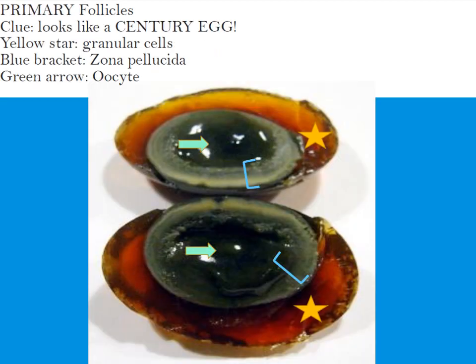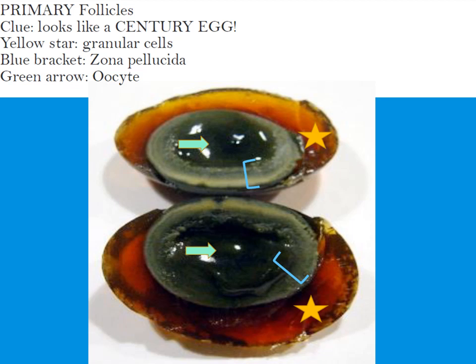And para hindi kayo malito, no, yung difference between your primordial and the primary follicle. Ang primary follicle mukhang century egg. Kung ma-reimagine natin, no, yung i-enhance natin creativity natin. Yung ating granulosa cell, yung surrounding na supposedly yung white part ng century egg, and yung yellow part, no, yung nasa gitna.